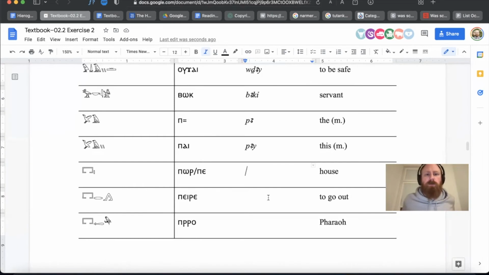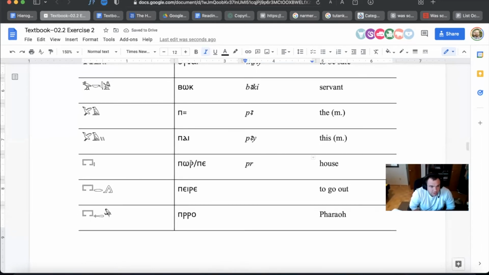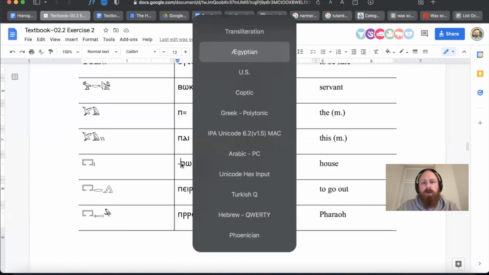Okay, Michael. So this one is pr, and in Coptic would be por or pe. There are quite a few cases where it survives into Coptic. The Coptic word for house comes from a word that means room. It's the plural of a word that means room. So the word rooms becomes the word house in Coptic. So this pr word falls out of use, but it does survive in the Coptic word genepor, which means roof.